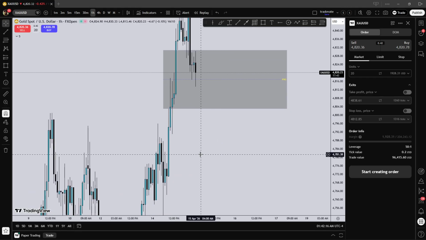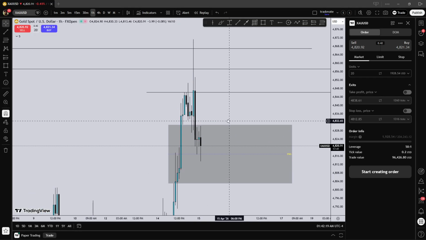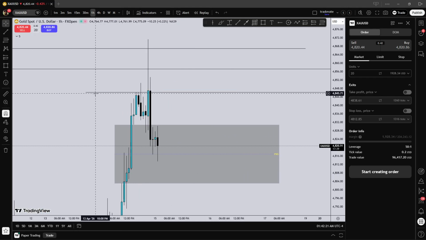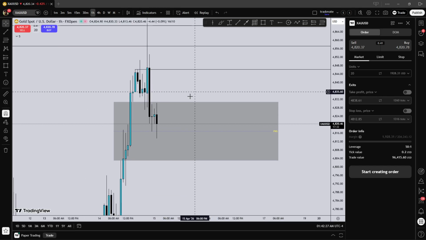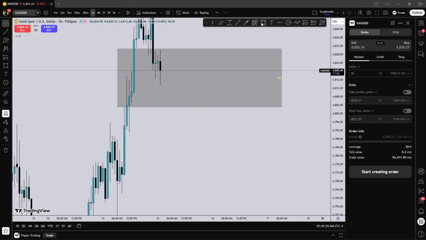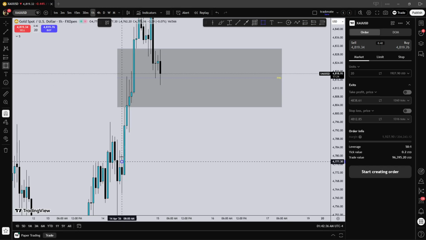So now we have, on the 1 hour, we'll refine this 4 hour fair value gap a bit more.